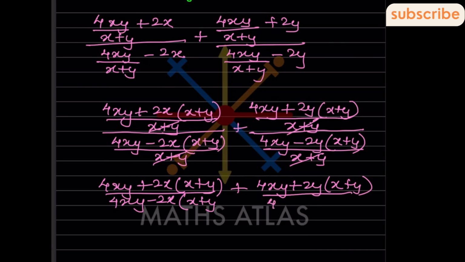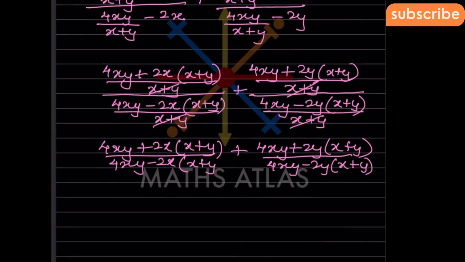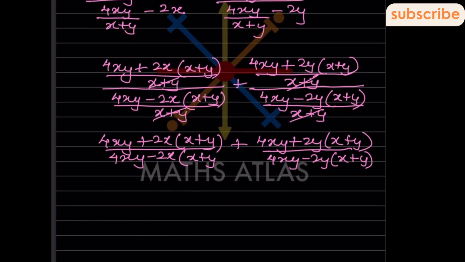Again here it is going to be 4xy minus 2y into x plus y. So further what we can do here, after this step, we can expand this one, or we can take 2x common. See, can you see here? Here is 4xy and here is 2x. So what we can do here, we can take common 2x.